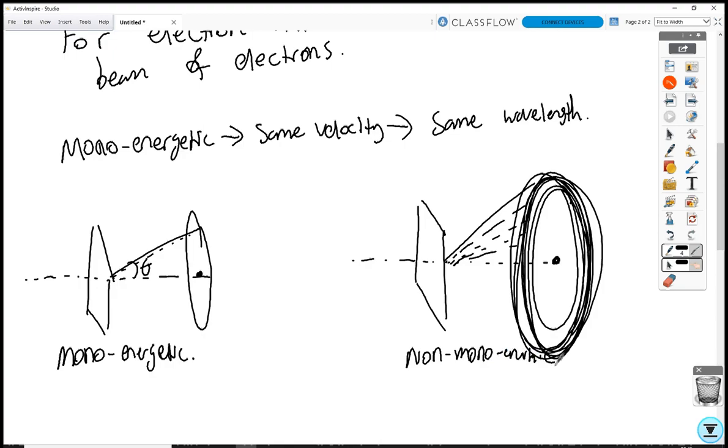Non-monoenergetic, so there are lots of different angles, which makes it difficult to measure.